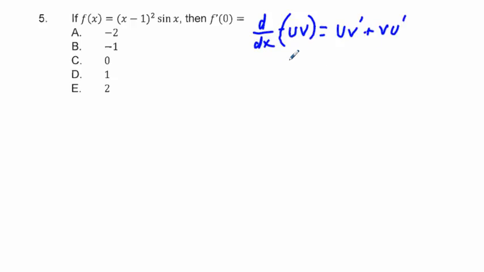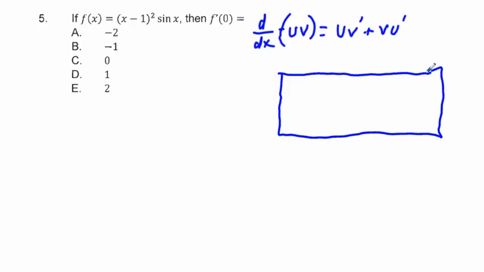And so what we're going to do for that is kind of an organizing technique. It's to write this box. This box here is going to be separated into 4 cells.